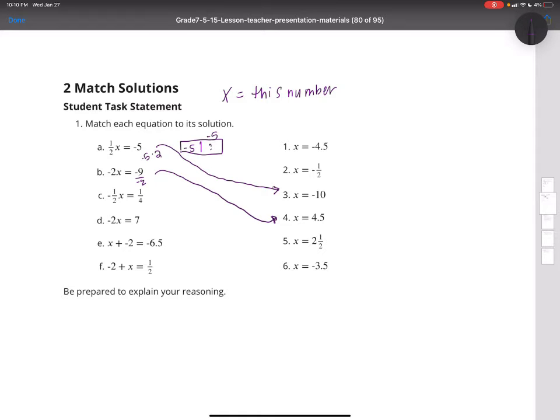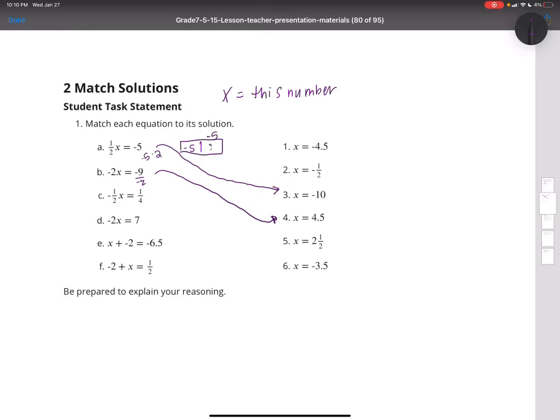Now, this number got smaller. With fractions, when the denominator gets bigger, the number actually gets smaller. So this was 1/2 being cut in half again.